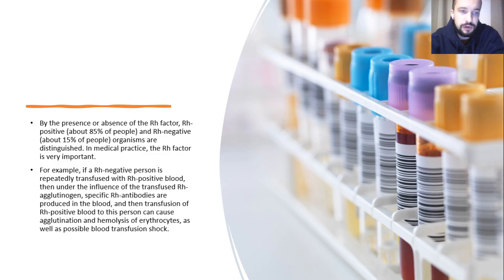For example, if a rhesus negative person is repeatedly transfused with rhesus positive blood, then under the influence of the transfused rhesus agglutinogen, specific rhesus antibodies are produced in the blood, and the transfusion of rhesus-positive blood to this person can cause agglutination and hemolysis of erythrocytes, as well as possible blood transfusion shock.